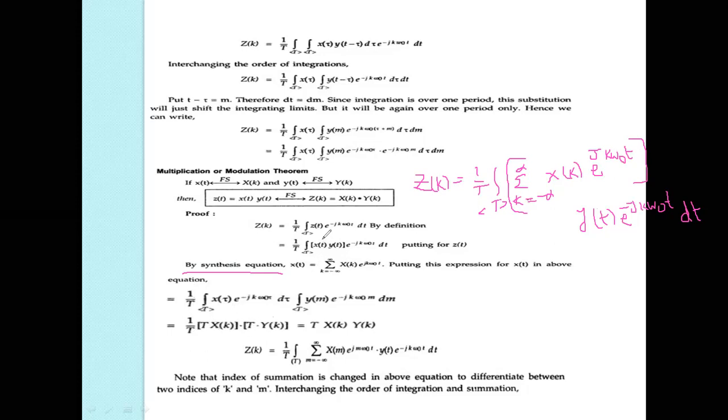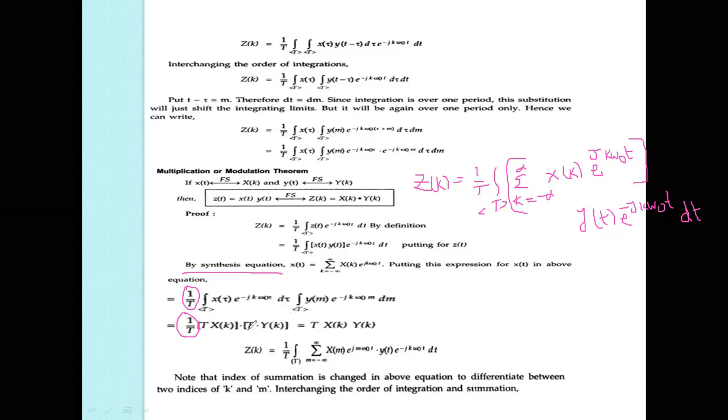Directly they take x of tau e power minus j k omega naught tau d tau as the x of k function, and this function with y of m e power minus j k omega naught m dm, with 1 by T, is y of k.